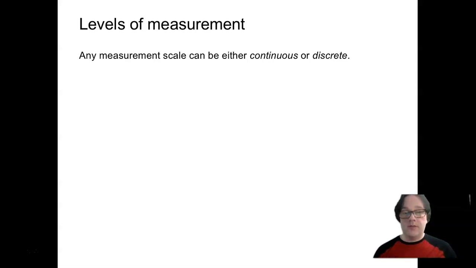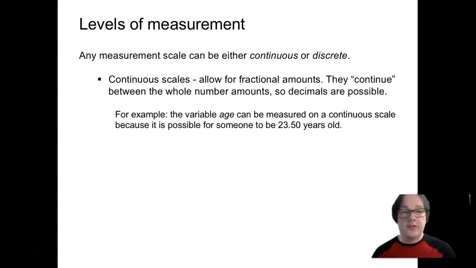When it comes to, again, levels of measurement, any scale can be either continuous or discrete. Continuous scales allow for fractional amounts, so they continue between the whole numbers. So you're able to have decimals.